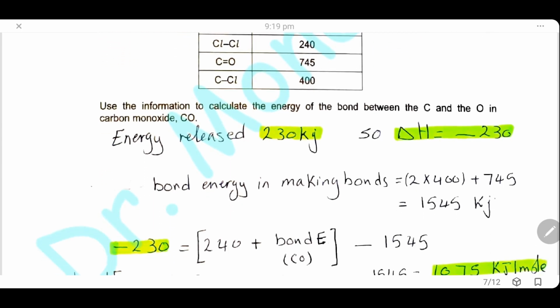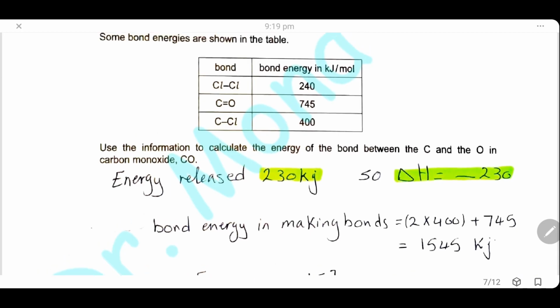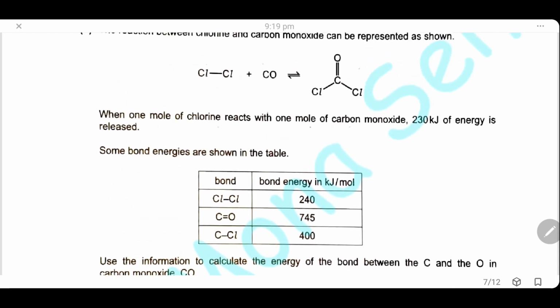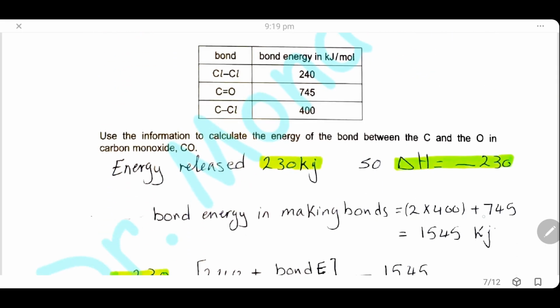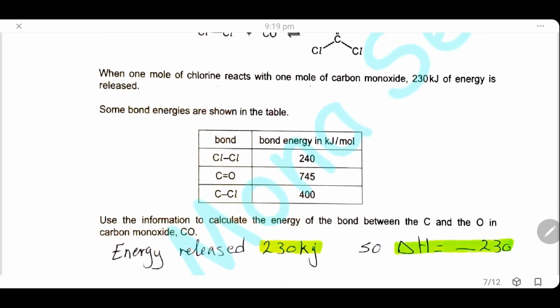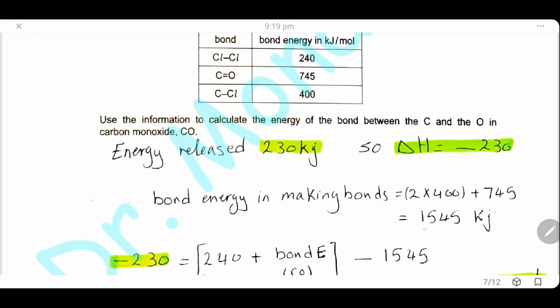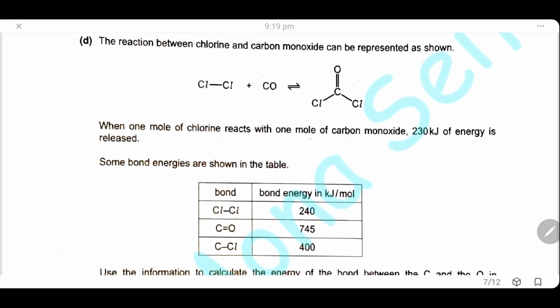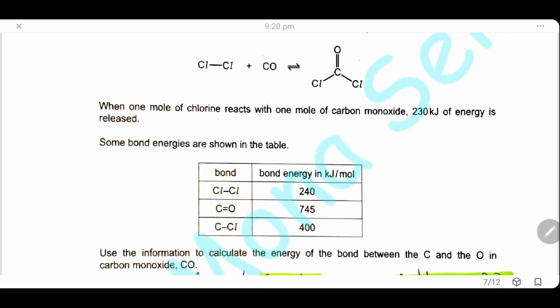Okay. First, we have to calculate bond energy in making bonds. In making bonds of the products, we have 2 carbon-chlorine bonds. So 2 multiplied by 400 plus 1 C double bond O, it will be 745. So the total will be 1545 kilojoules. This is for bond making of the product.